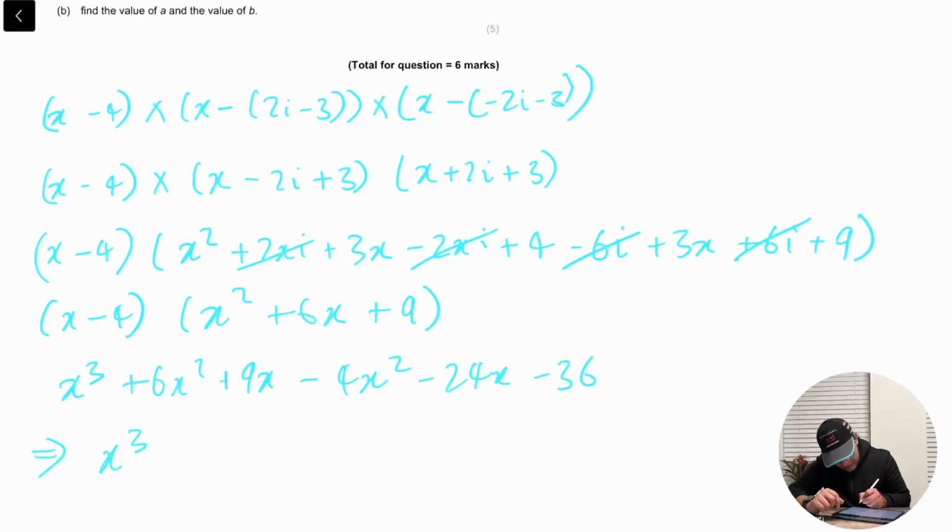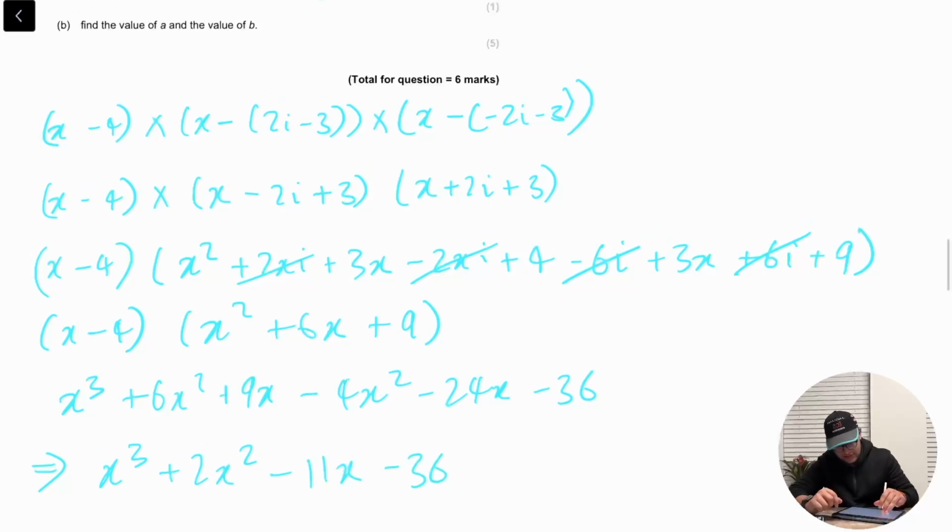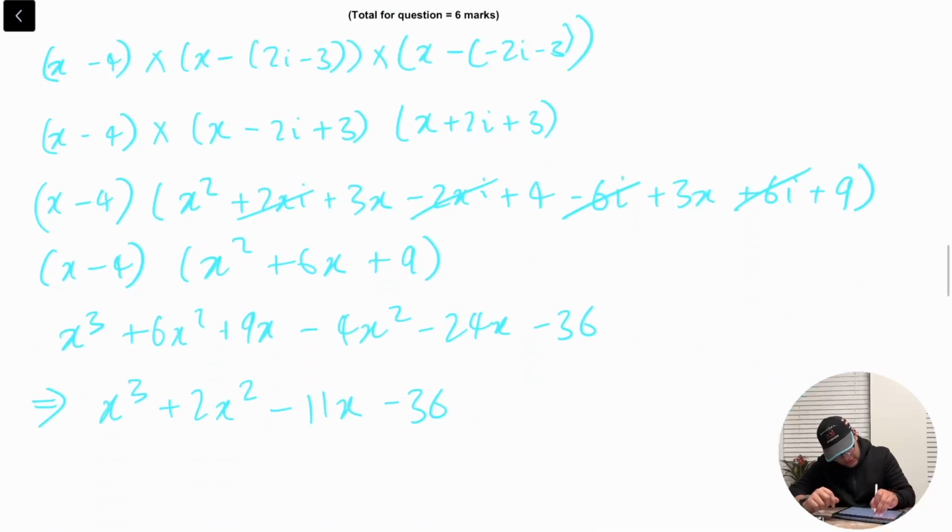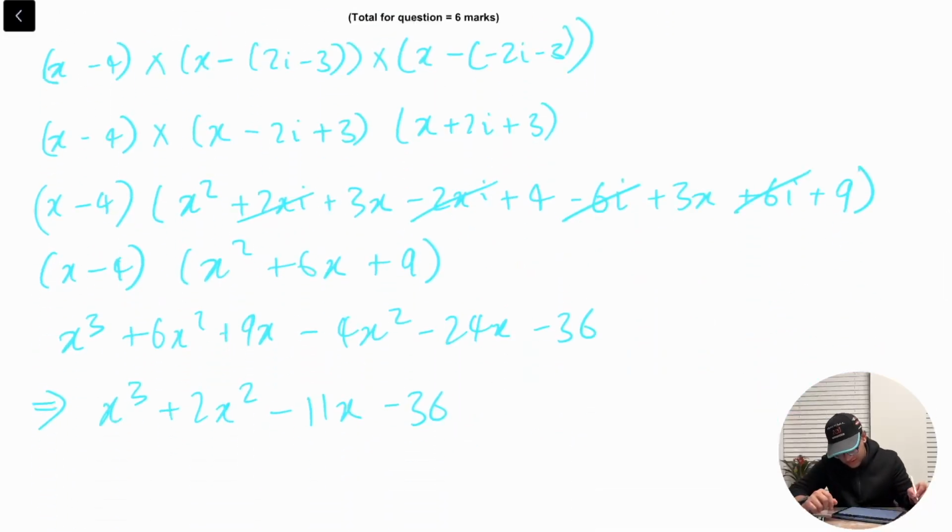Which will give us x cubed plus 2x squared minus 11x minus 36. So in this case, wait, it shouldn't be minus 36 then.